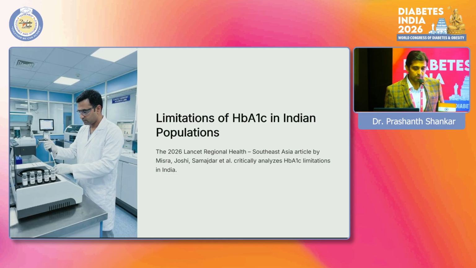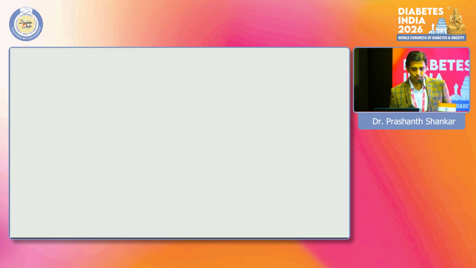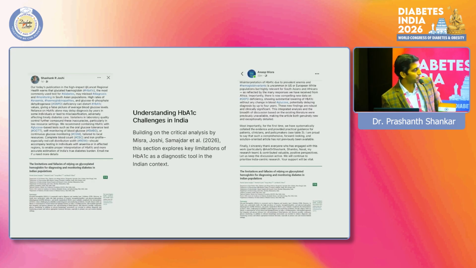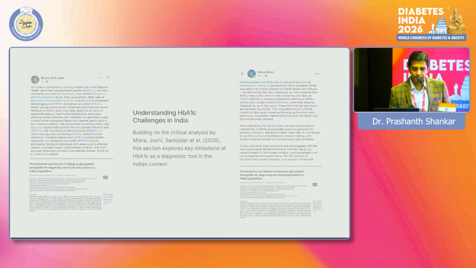There are limitations of HbA1c in the Indian population. There was a very recent article published in the Lancet, which is very popular and has been cited by most of the national media, authored by none other than Dr. Shashank Joshi, Dr. Anup Mishra and Dr. Samajsdar, which looks at the fallacies of HbA1c in the Indian population.